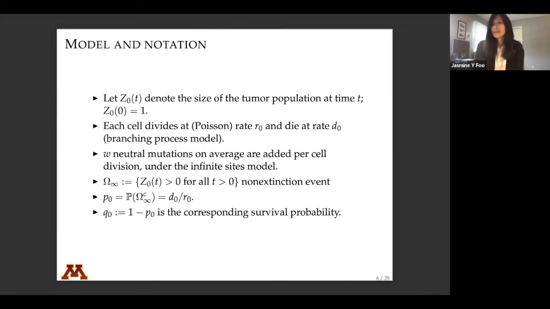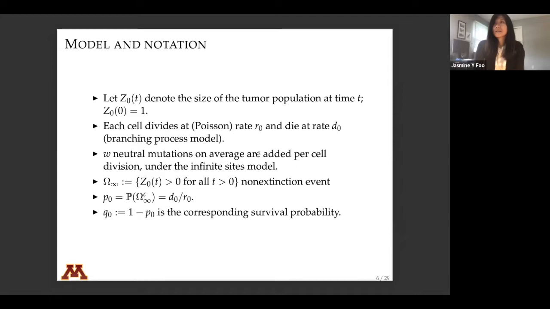Okay, so I'll next introduce the population dynamic model that we're going to use to model the tumor growth that leads to this kind of data. Let Z0 represent the size of the tumor population at time t, and typically Z0 is 1. Cells divide at rate R0 and die at rate D0 in a standard branching process model.